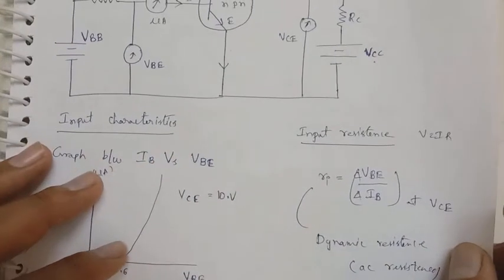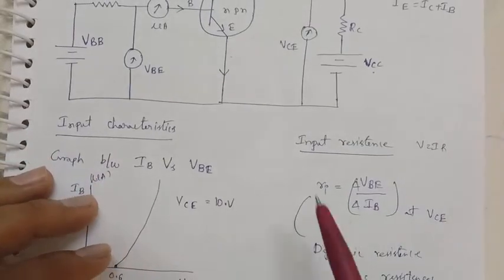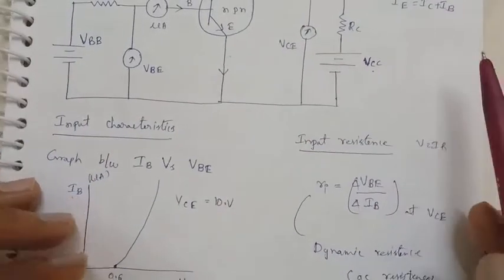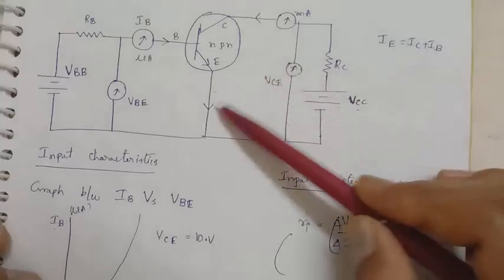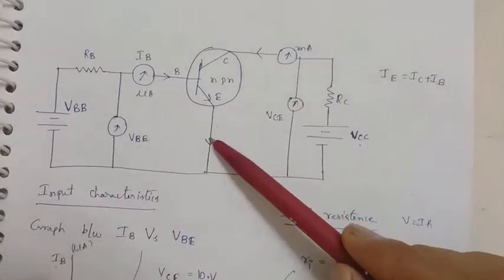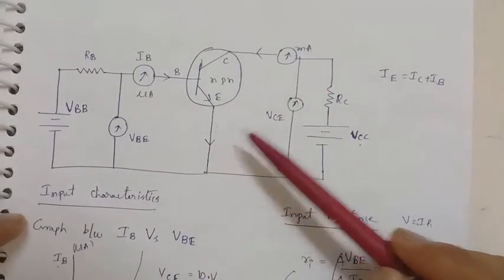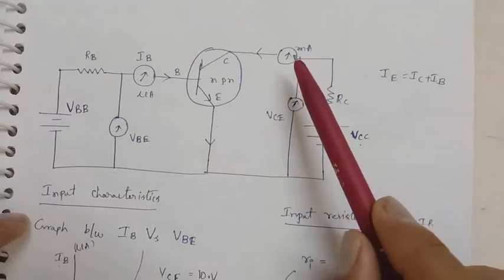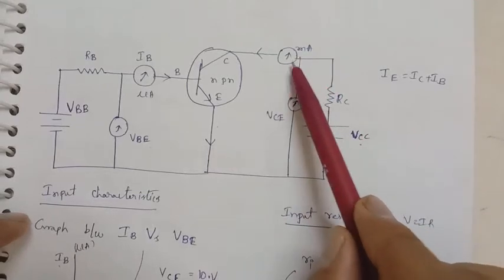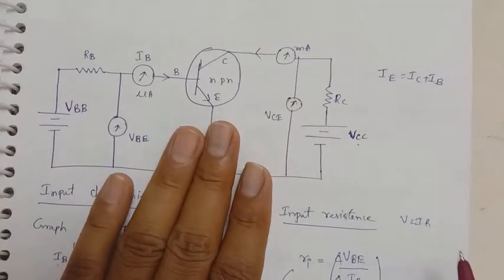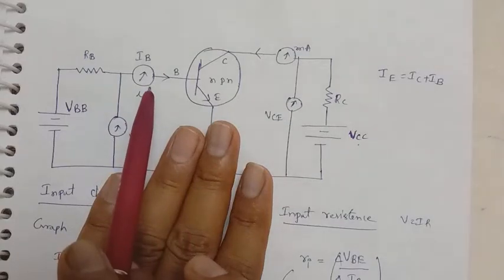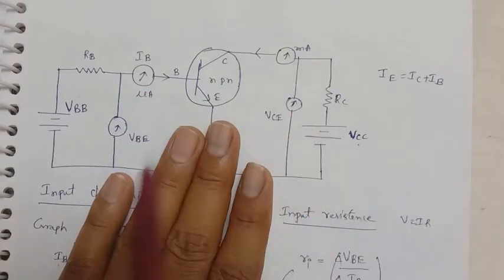Output characteristics means, the output voltage is taken from where to where? Collector and emitter. You have to take the output voltage and the change in output collector current. It is a common emitter, so the input current is across the base and the output current is across the collector.